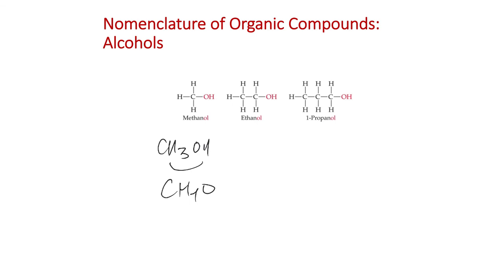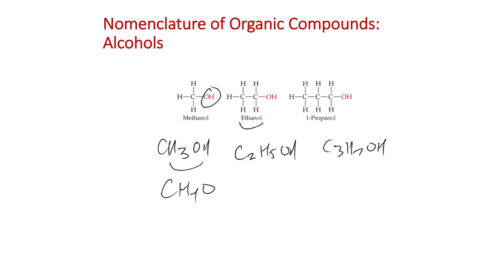Both are technically legal formulas for methanol, but I think the CH3 and then the OH group does tell you that you're replacing one of the hydrogens with this particular functional group. And so ethanol, kind of the same way. I might write this C2H5 with the hydroxyl group, or C3H7 with the hydroxyl group for propane.